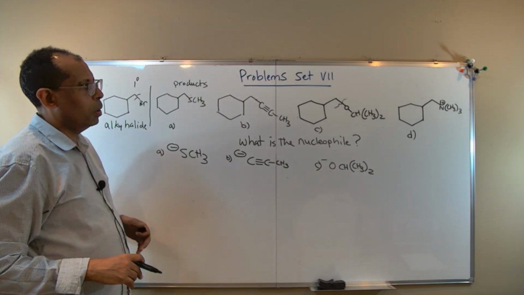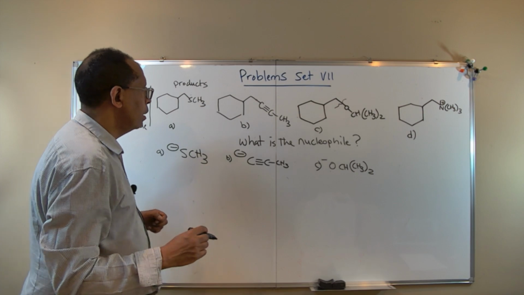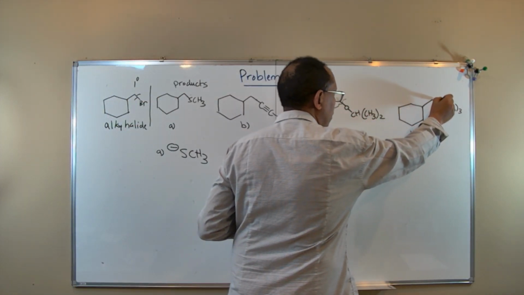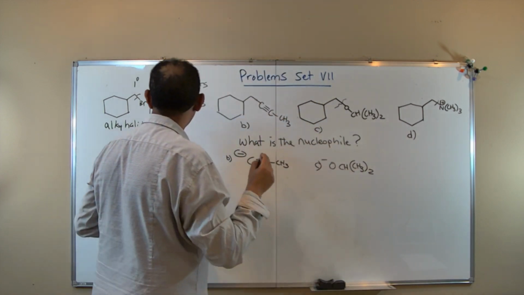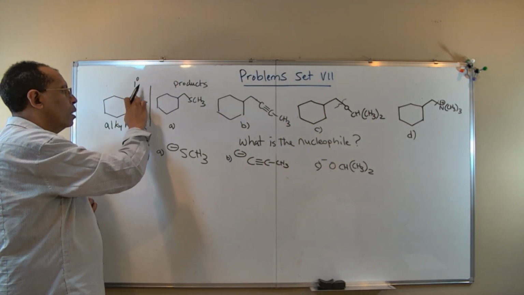And now for D, the carbon-nitrogen bond is formed right there, because this is where you are substituting on this carbon, a primary carbon.